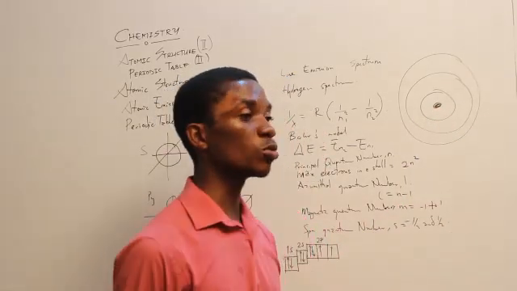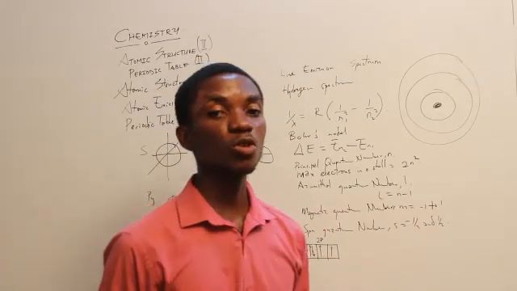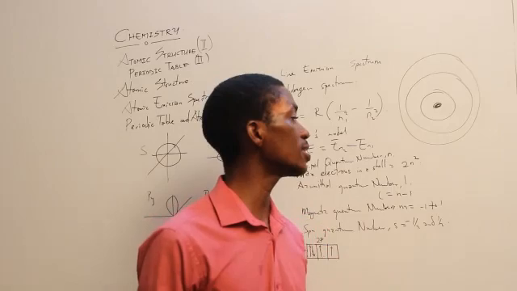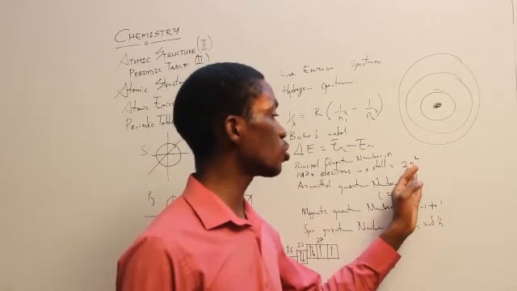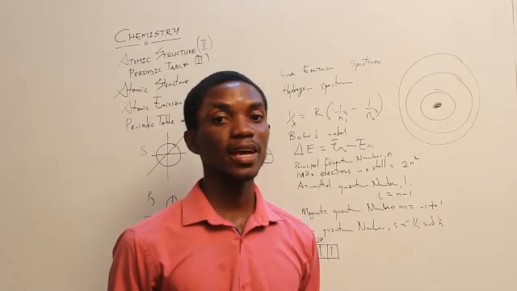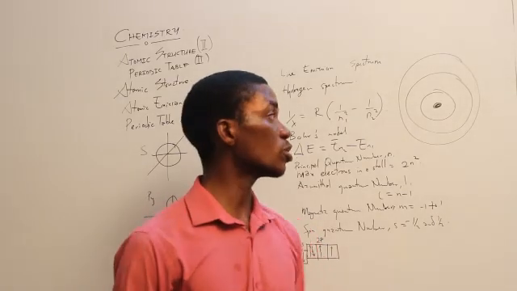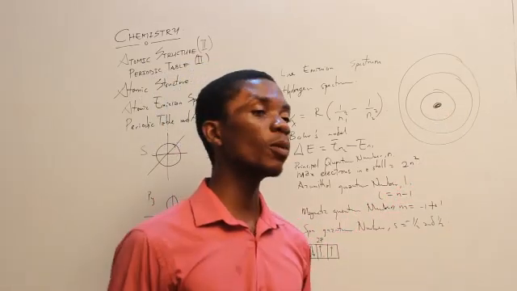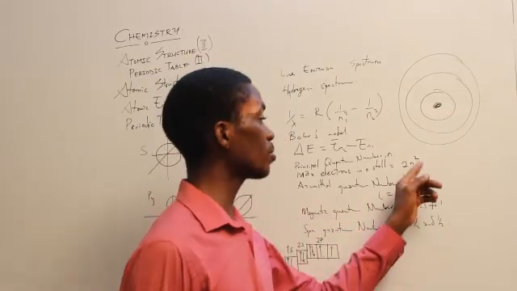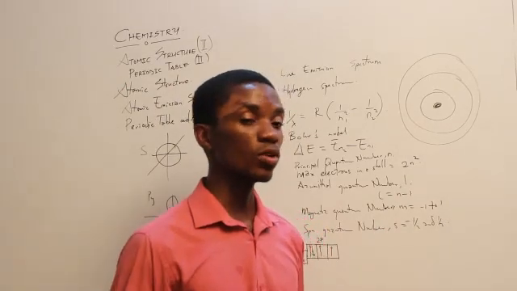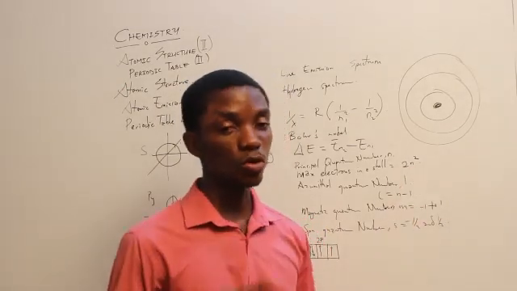Also, it is good to note that the maximum number of electrons that can exist in a particular shell can be calculated by the expression 2n squared, which suggests that the very first shell can only accommodate 2 electrons, because 1 squared is 1, and 1 times 2 gives 2.